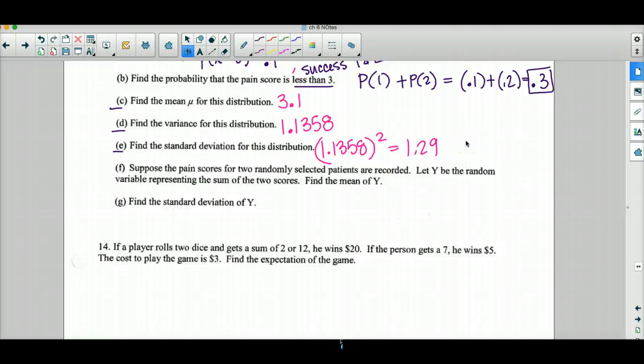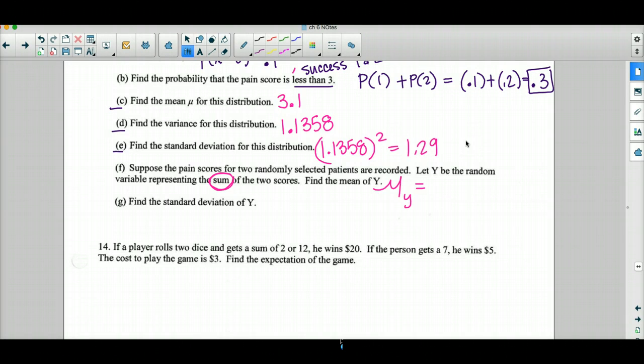Okay. All right. Suppose the pain scores for two randomly selected patients are recorded. Let y be the random variable representing the sum of the two patients. So if I want to find the mean of y, then it's my sum of my two patients.